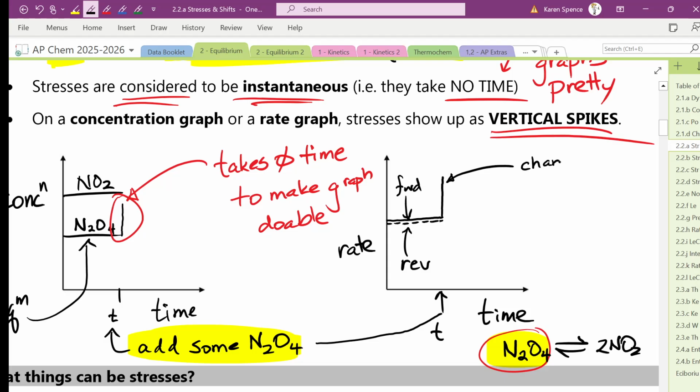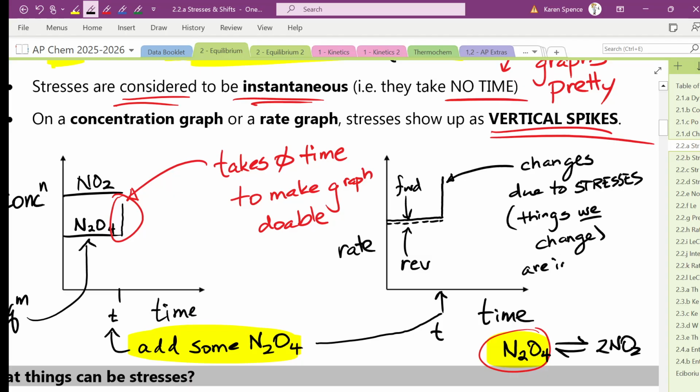Changes due to stresses, things that we changed, are instantaneous. Or I could just say instant, but I'm going to say instantaneous.